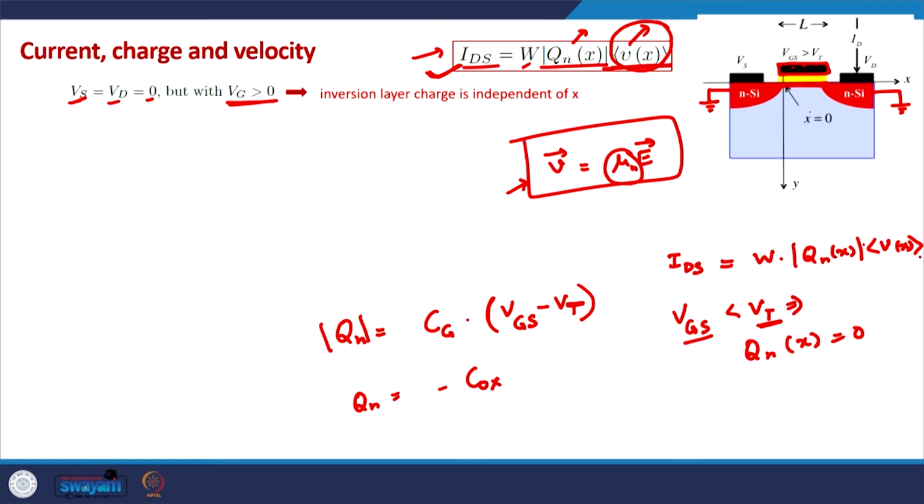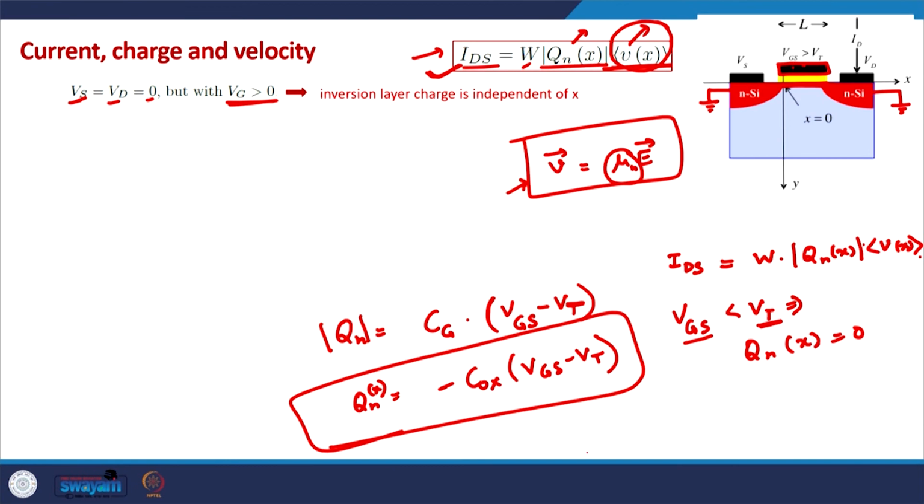So, the charge in the channel is minus Cox times (VGS minus VT). This is the case when the source voltage is 0 and the drain voltage is also 0. Okay. So, this is the starting point for doing the traditional MOSFET electrostatics.